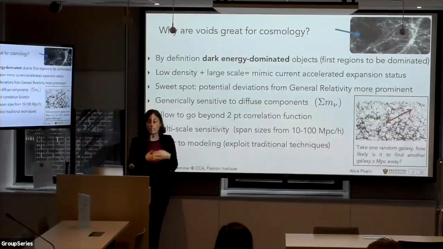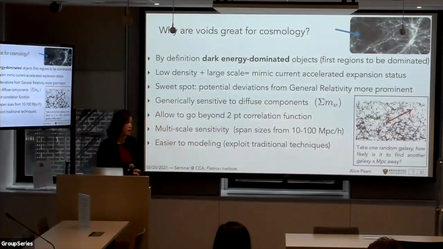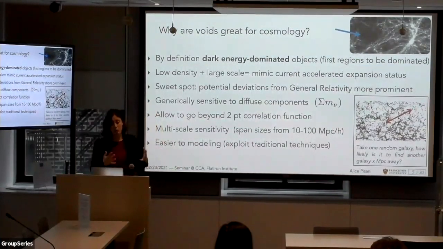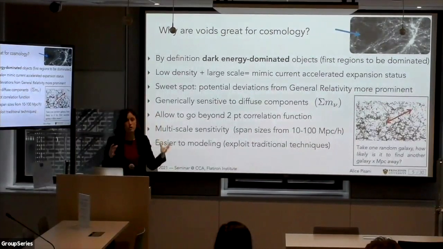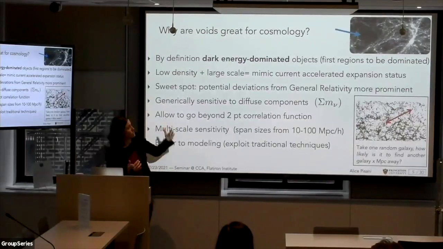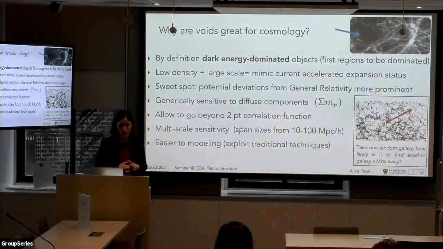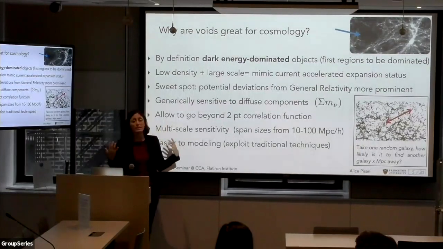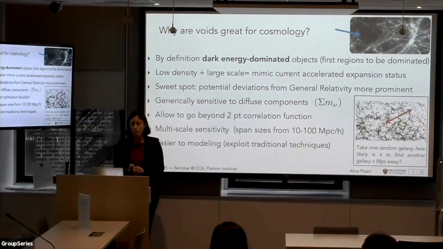Now, voids are particularly interesting for cosmology, and there are a number of reasons for this. First of all, because there is very little matter in voids, voids will be, by definition, dark energy-dominated objects. So because we don't understand dark energy, it makes perfect sense to look at these regions that were the first to be dominated by this component. The second point is that voids, with their low density and large-scale feature, mimic the current accelerated expansion status of the universe.